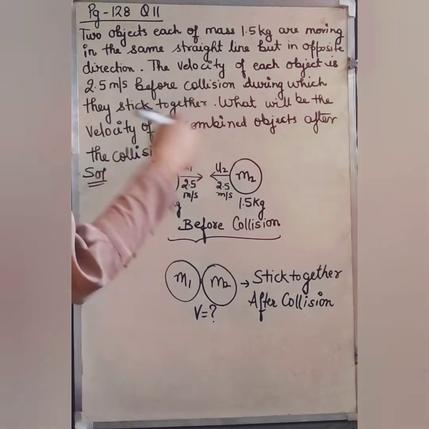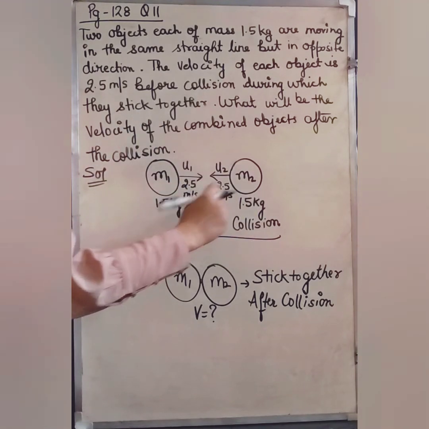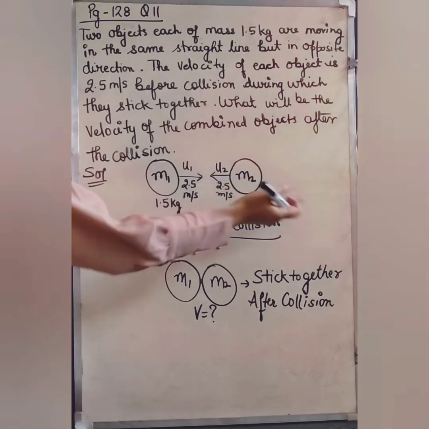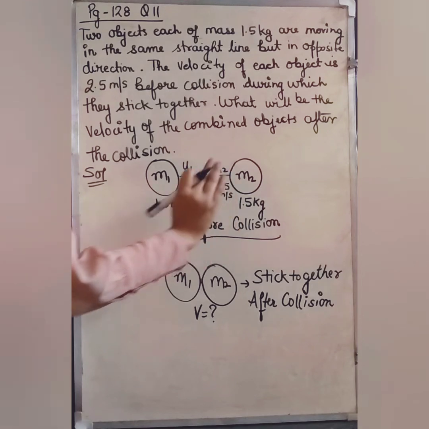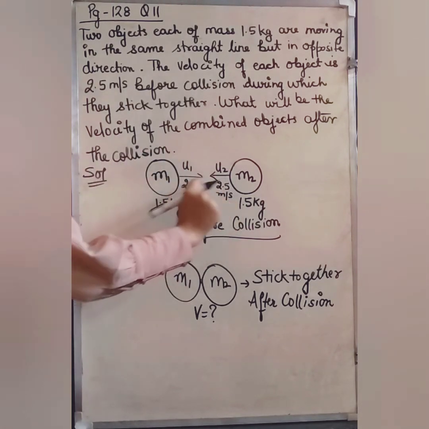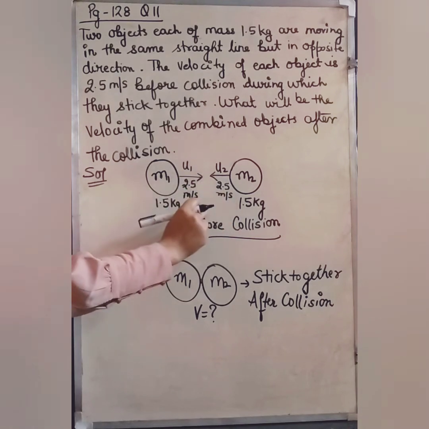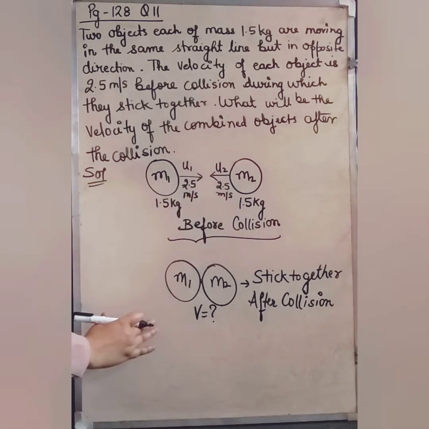M1 is moving in the right direction with the speed of 2.5 meter per second, whereas body 2 is moving in the left direction with the same speed, that is 2.5 meter per second. So see, the magnitudes are the same but they are moving in the opposite direction. So I have to show this opposite direction in my numerical also.